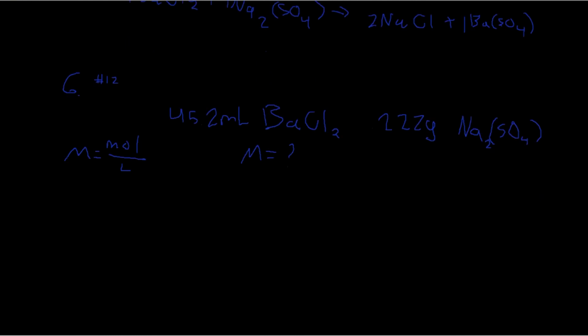So we know the volume of this is 45.2 milliliters. And then we know this is 0.222 grams, which is its mass. So we'll do little m. I'll use MOL for moles so we don't get those two confused.